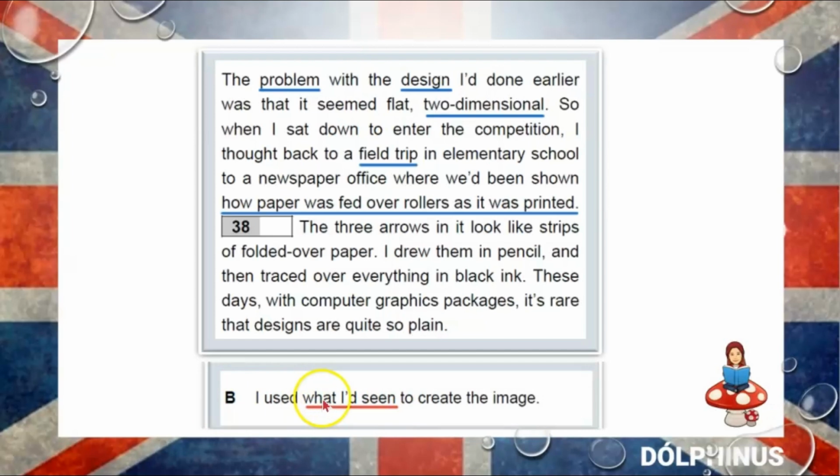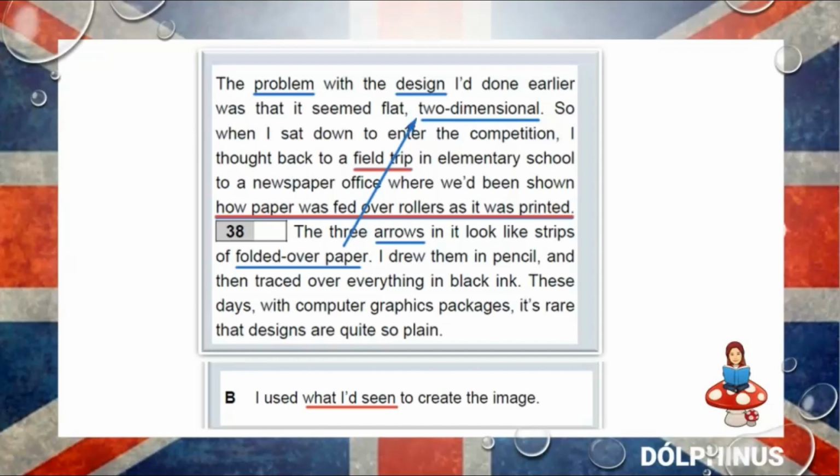What is this, what I had seen, making reference to? How paper was fed over rollers as it was printed. This gave him a different perspective to design because the three arrows looked like folded over paper, which means it was three-dimensional and not two-dimensional. So the problem was solved.